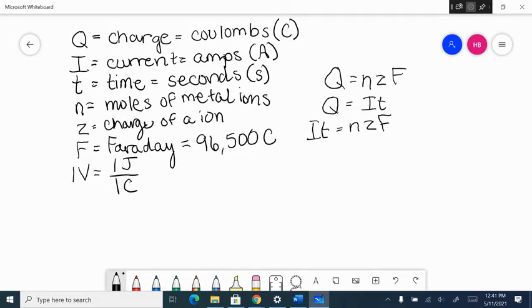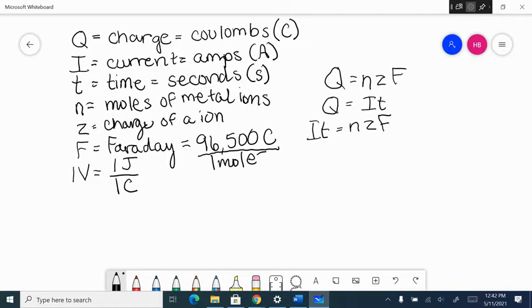And they also give you the fact that it's not just 96,500 coulombs. Actually, they use 96,485, but it's coulombs per 1 mole of electrons. So that kind of is important.